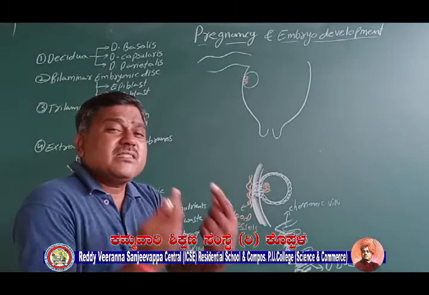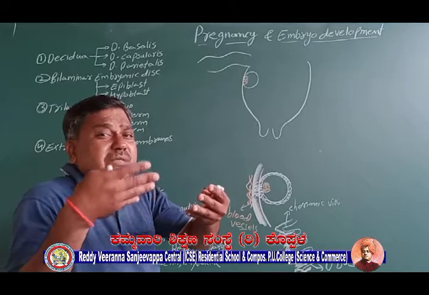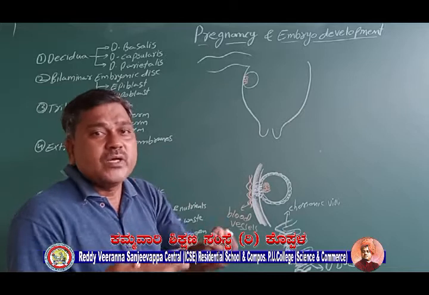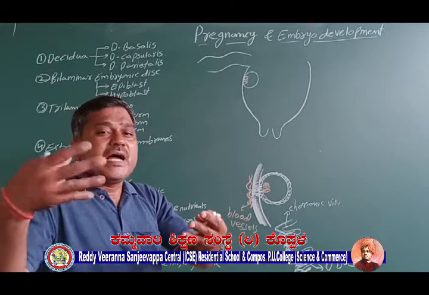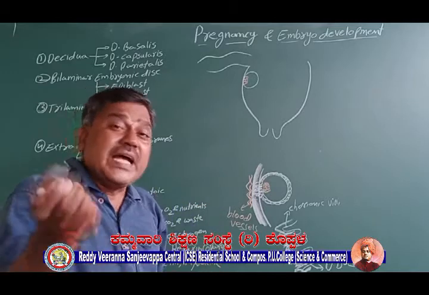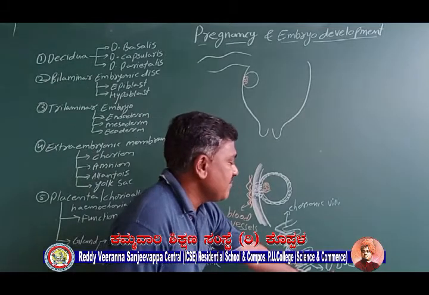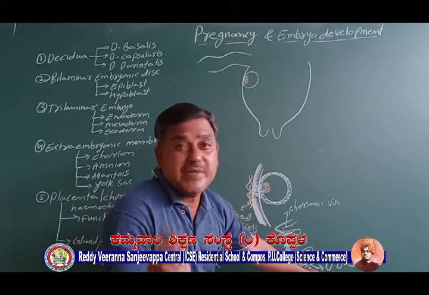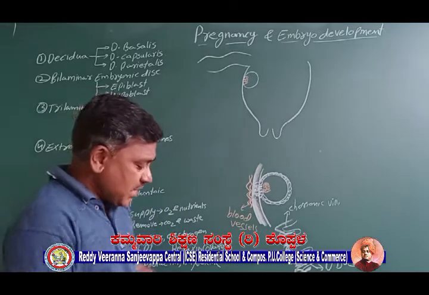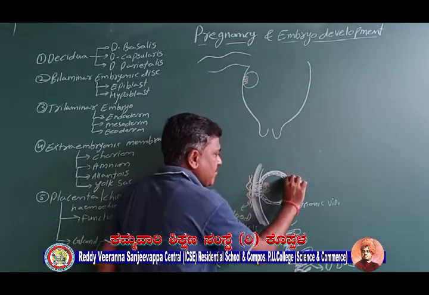Where there is formation of the placenta, meaning the interconnection between the embryo and the maternal tissue, that is mother's tissue and fetus tissue, that endometrium which makes that interconnection we call decidua basalis.